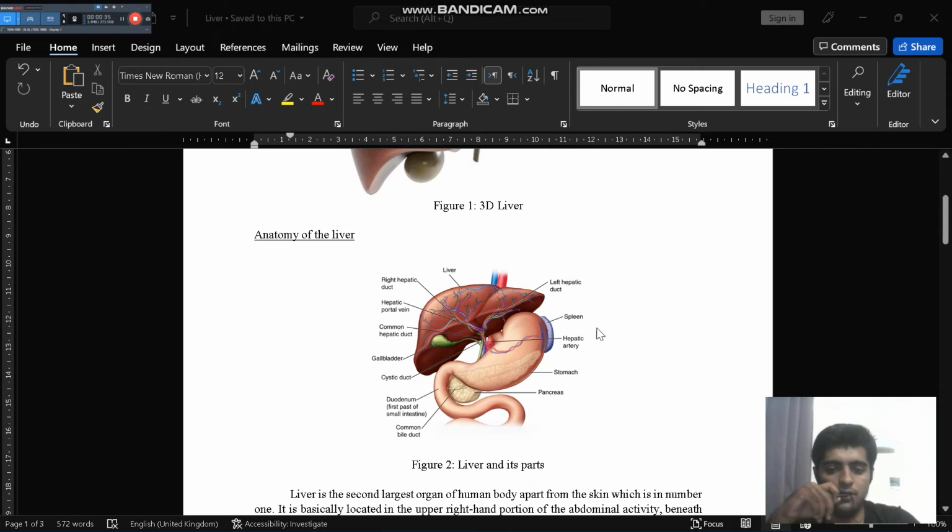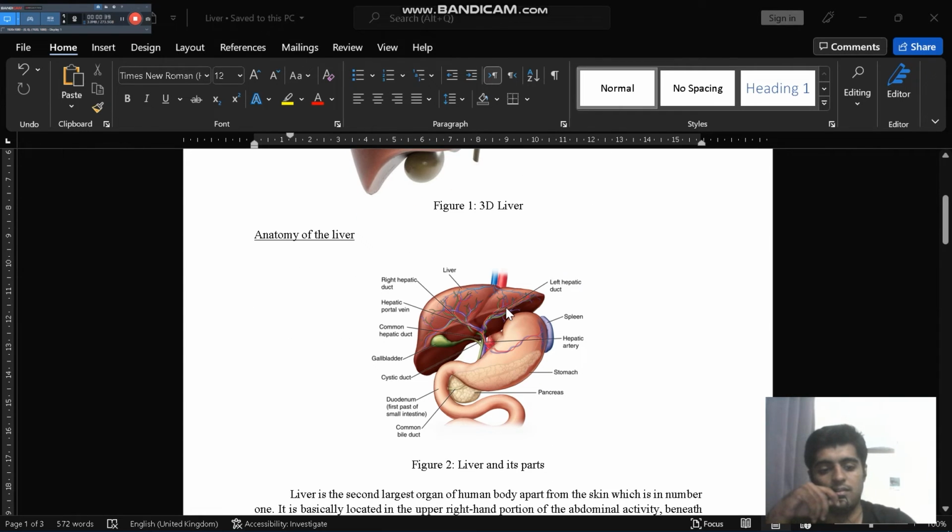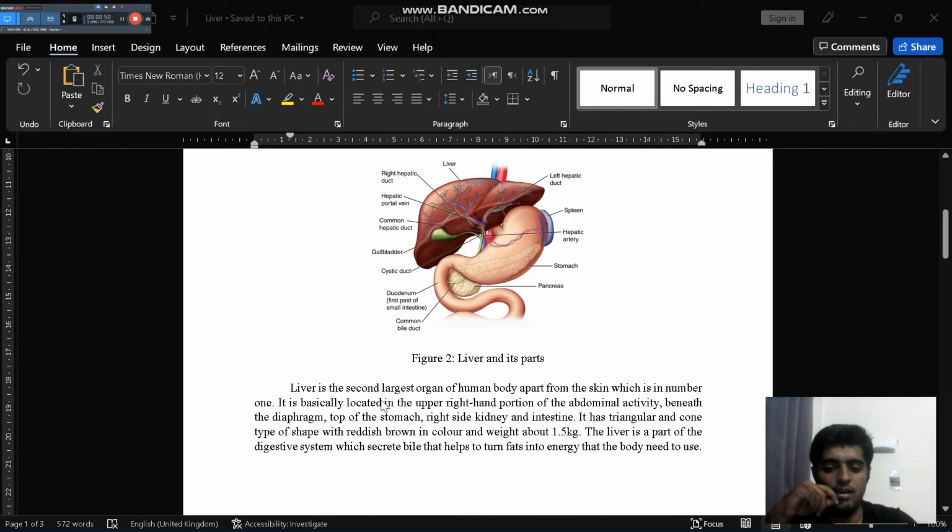For this anatomy of the liver, I can see the liver is up, and underneath the liver is the stomach and the pancreas. The liver is the second largest organ of the human body, apart from the first one, which is the skin.